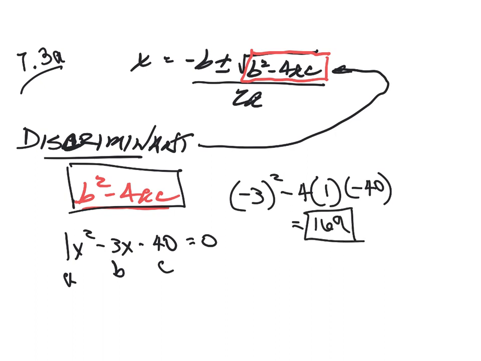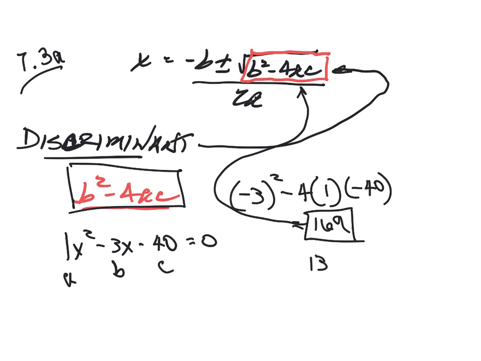Okay. When we take 169 and we put it in here, according to the quadratic formula, we are going to take the square root of whatever number we get for the discriminant, in this case 169. Square root of 169 is 13.